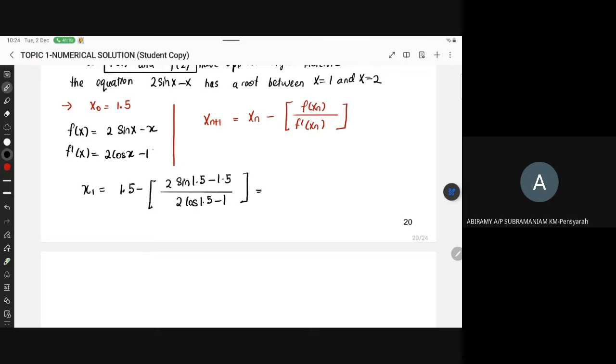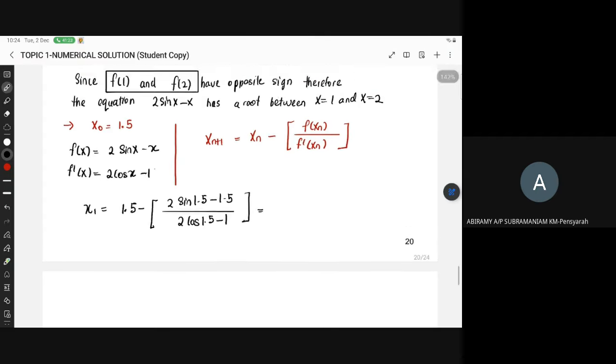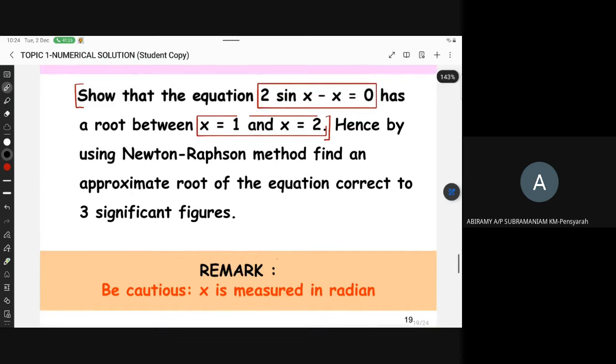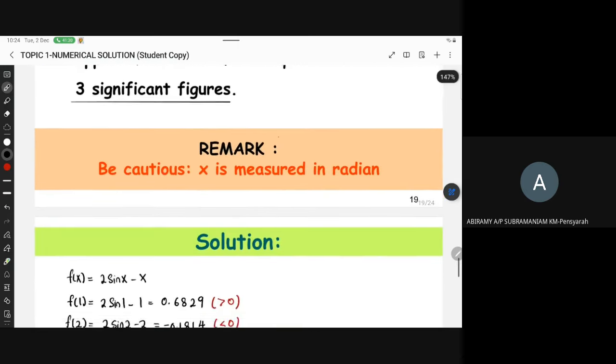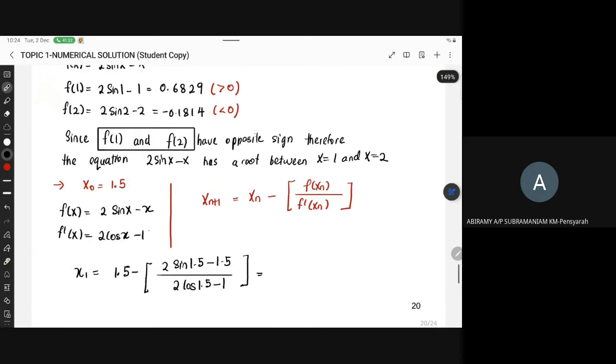Okay, so you can either key into the calculator, or you can use the formula to find the iteration. Once using the calculator, make sure the calculation is more than 3 significant figures. So the answer here is 2.077.